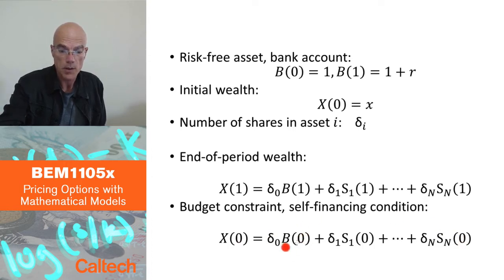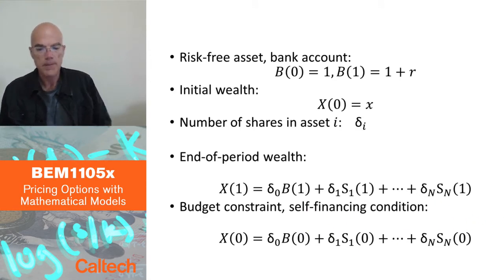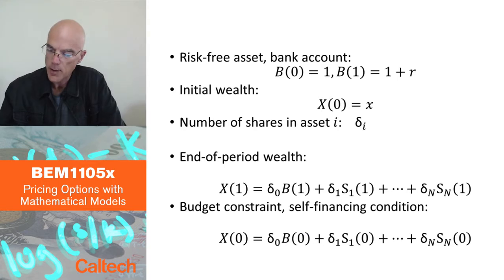So there's going to be initially delta 0 times B of 0, which is just 1, but if it wasn't 1, you just multiply by B of 0. That's the money in the bank initially, plus money in stock 1 at time 0, and so on, plus money in stock n at time 0. So we just split the initial money X0 into all the assets that are available. That's called the budget constraint.